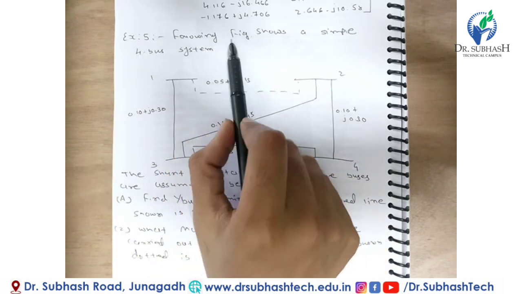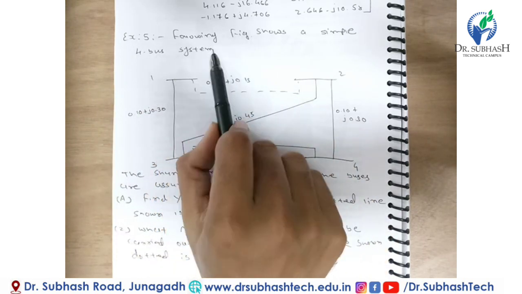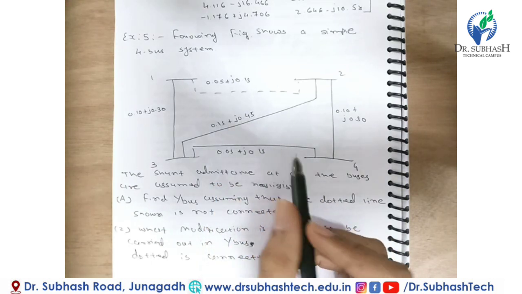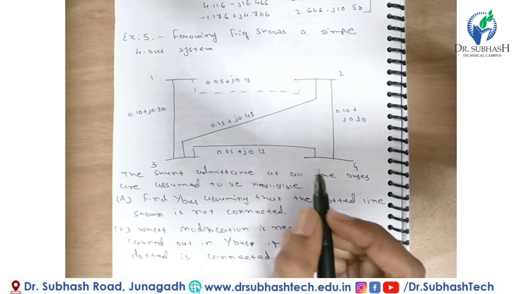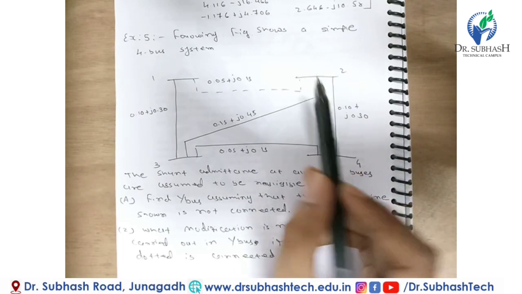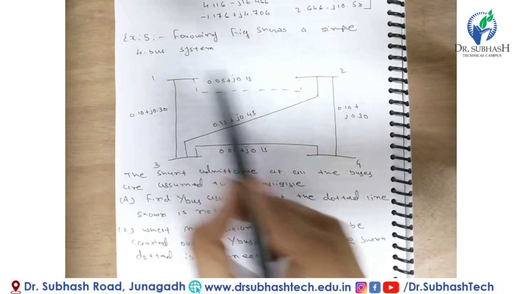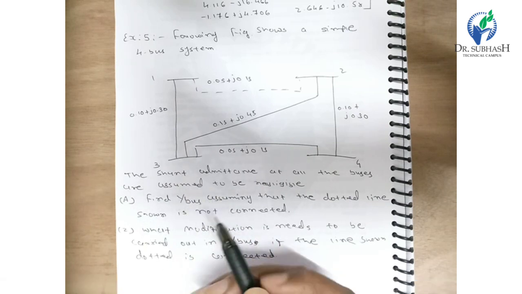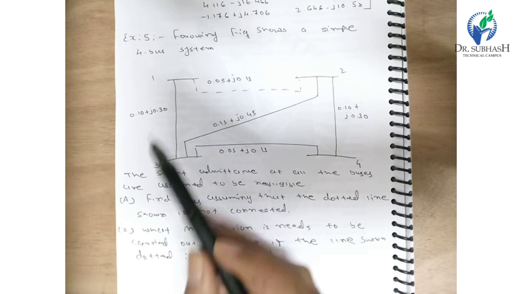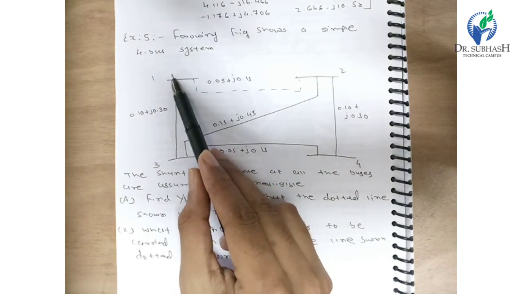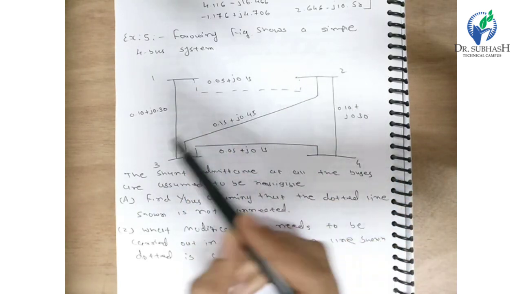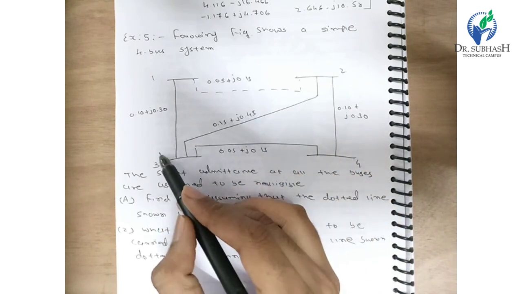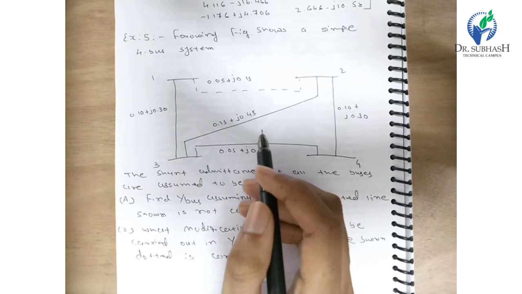The following figure shows a simple 4-bus system. Here it is a figure of a 4-bus system, with the buses connected between them. In this system buses 1, 2, 3 and 4 are connected, and bus 1 to bus 2, bus 3 and bus 4 are also interconnected with lines of given parameters.